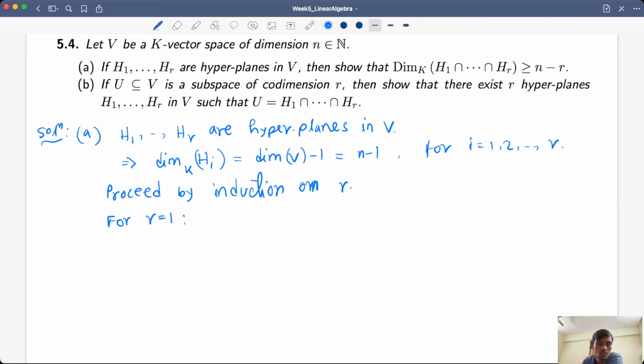For r equal to 1, you have only h1, so the dimension of h1 over k is exactly n minus 1, and here r equal to 1, which is greater than or equal to n minus r, that means n minus 1. So it is true for r equal to 1.